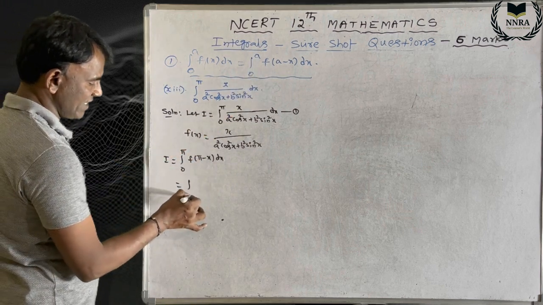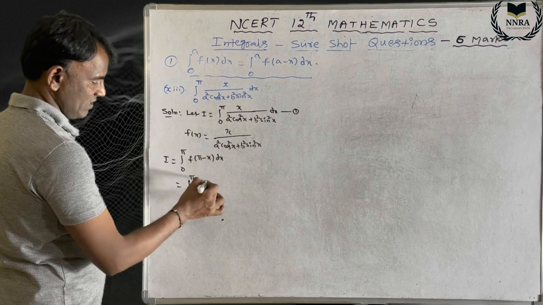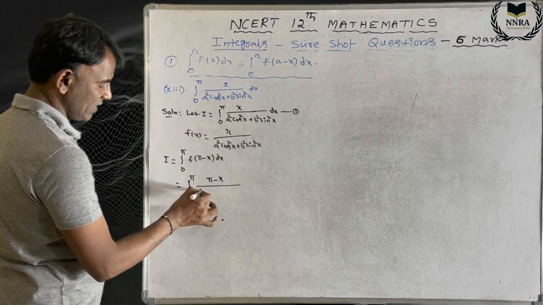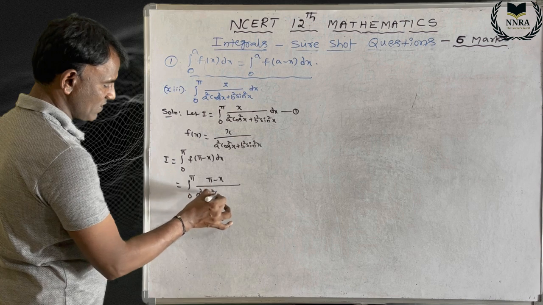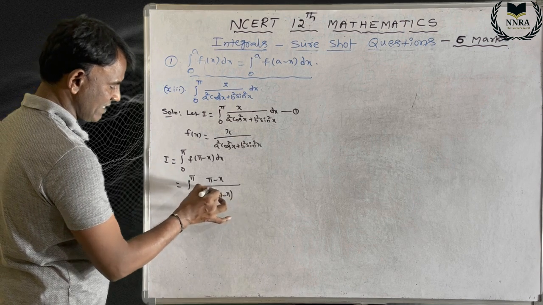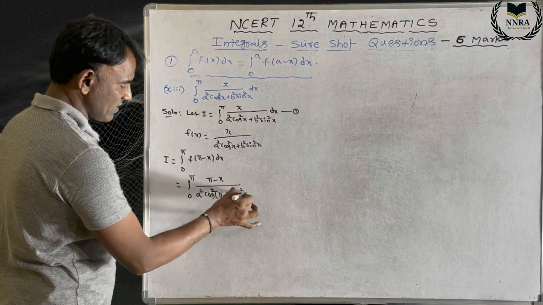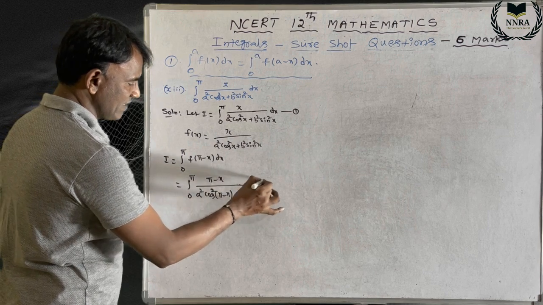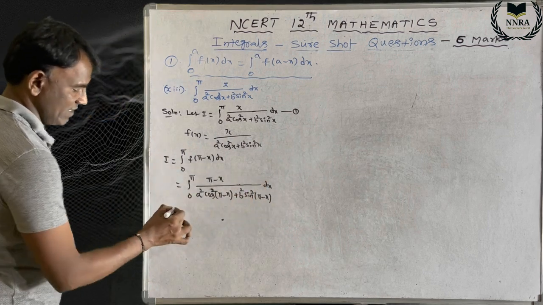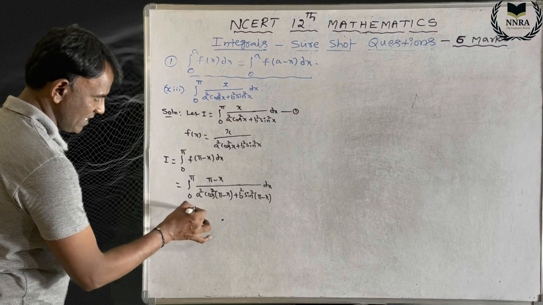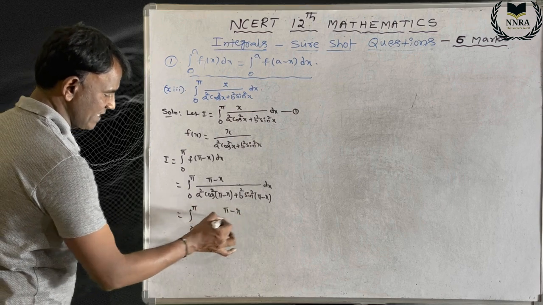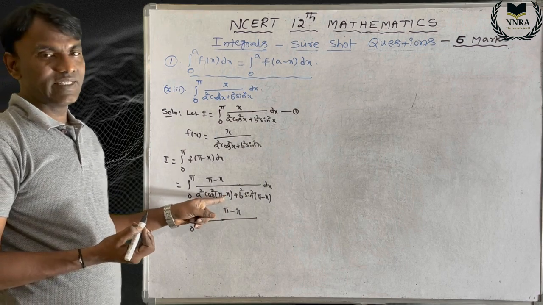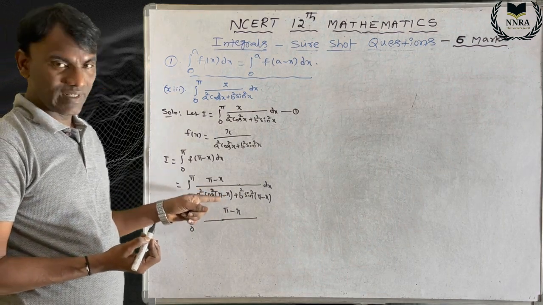So how to write it? 0 to pi, numerator pi minus x. What is the denominator? a square cos square of pi minus x and b square sin square of pi minus x, then dx. So integral 0 to pi, it is pi minus x, and actually cos of pi minus x is minus cos x, but it is cos square, na?